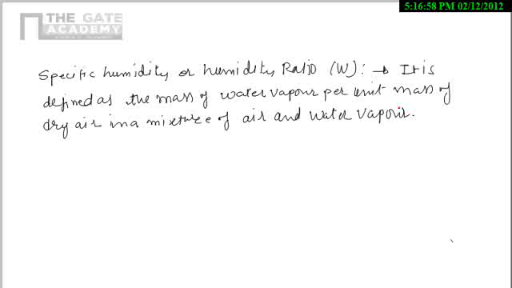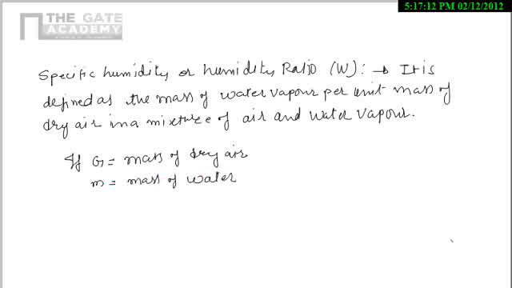If G equals mass of dry air and small m equals mass of water vapor, so we can easily define specific humidity, that is denoted by W equals m by G. So specific humidity or humidity ratio is nothing but m by G.